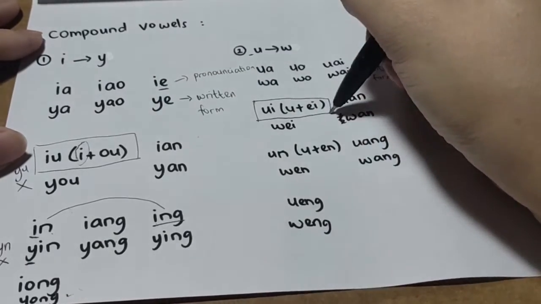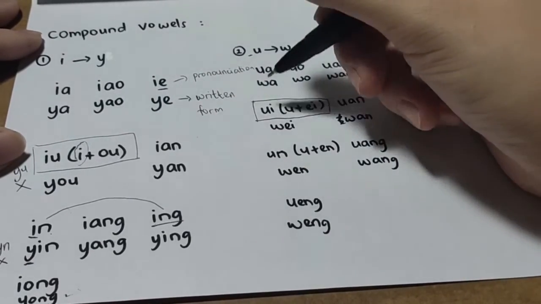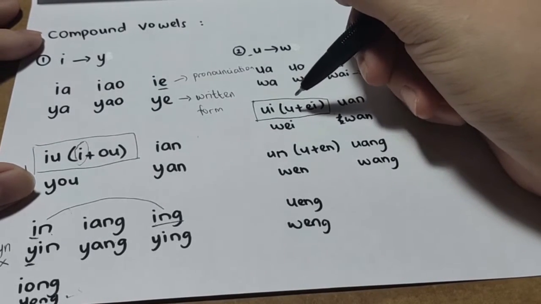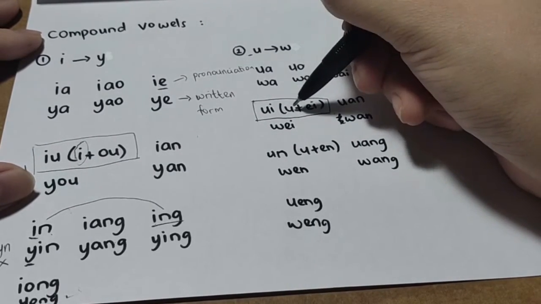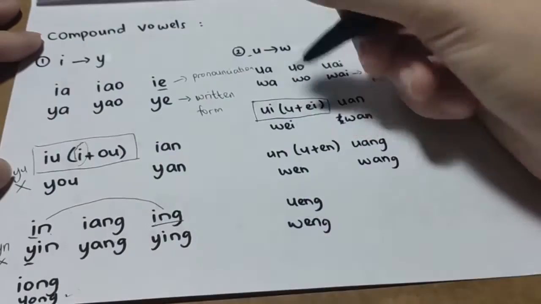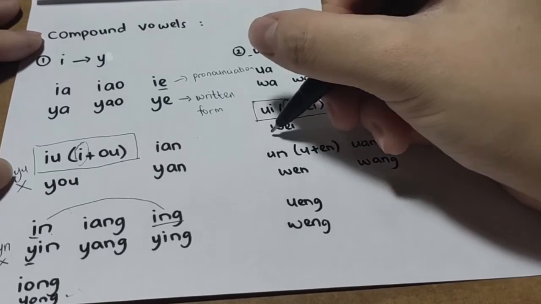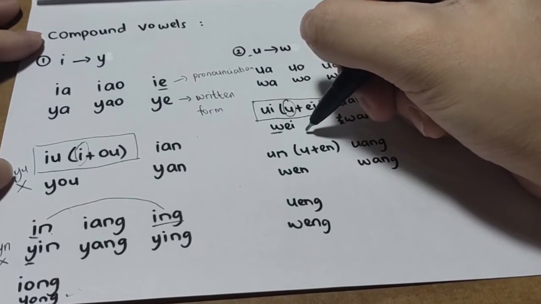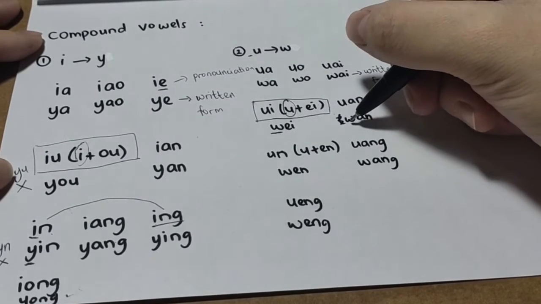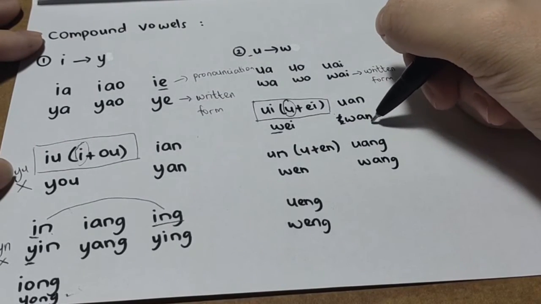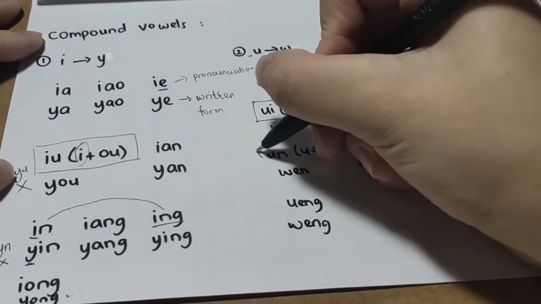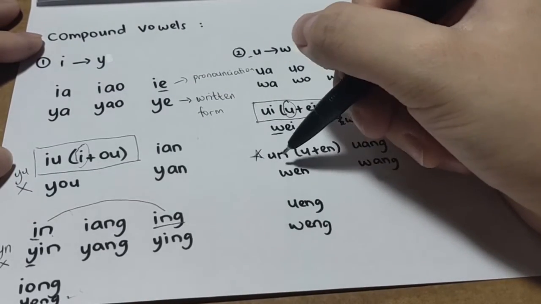This one is also special. We don't pronounce it as ui, but we pronounce it in a special way. It's the same with this one. We change the u into the w. Ui, one. This one is the special one.